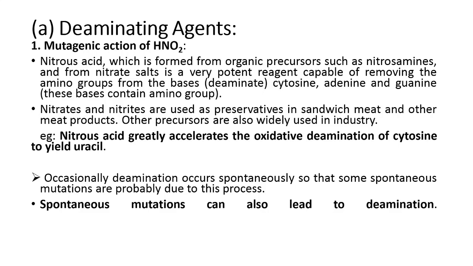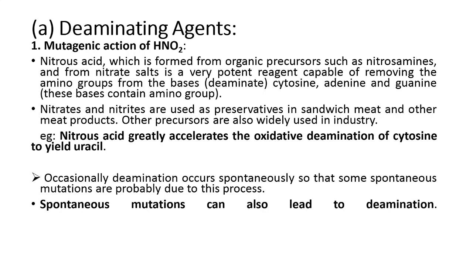Next, we can see the details of the mutagenic action of deaminating agents. Here, the mutagenic action of nitrous acid is given, and this nitrous acid, which is formed from organic precursors such as nitrosamines and from nitrate salts, is a very potent reagent capable of removing the amino groups from the bases like cytosine, adenine and guanine.